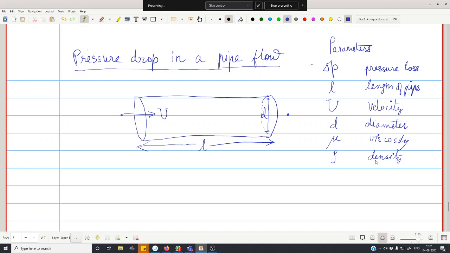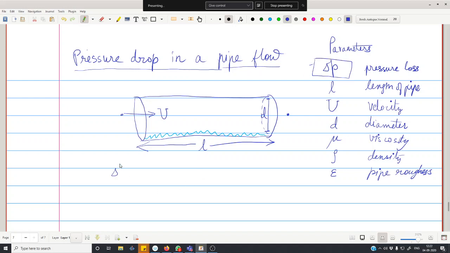And right now you may think that this is the entire list, but there is one little thing: roughness of the pipe. So one more physical parameter is the pipe roughness. Don't worry, you will be given all this. You will be told that these are the useful parameters of the problem, and the thing that we want to find out is the delta P.